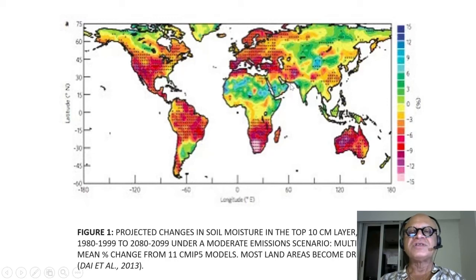But there are also uncertainties, because Sahara here, for example, is showing an increase in soil moisture. Okay, so there is some indication that there may be increased rainfall there with warming.